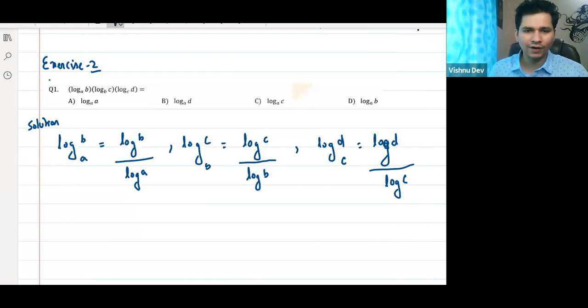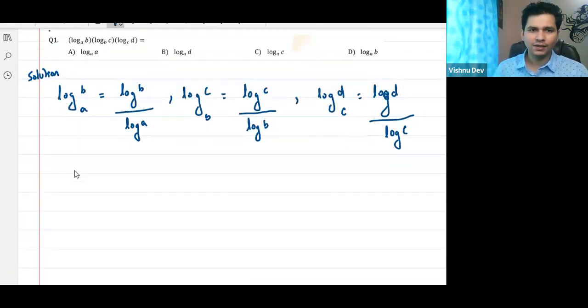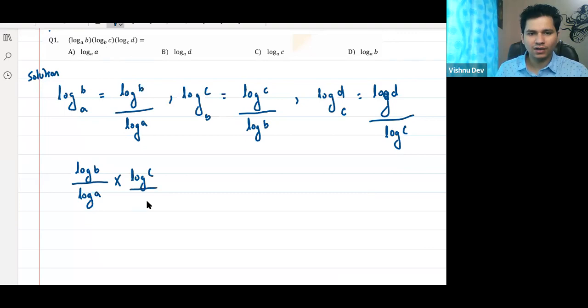Now it is multiplied. So this can be written as log B by log A, into log C base B, which is log C by log B, into log D by log C.